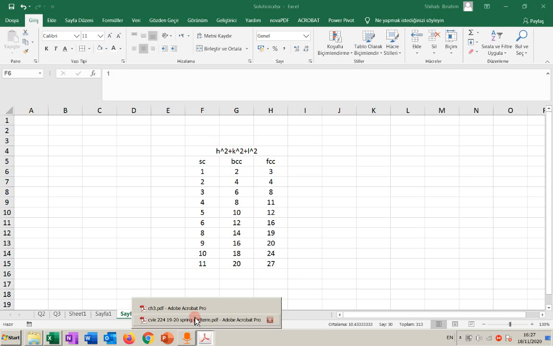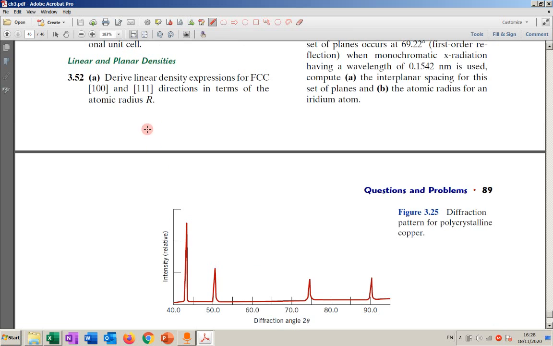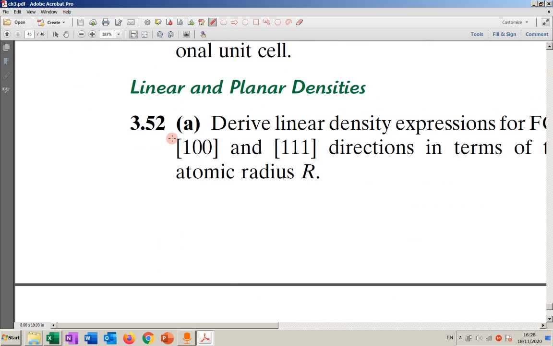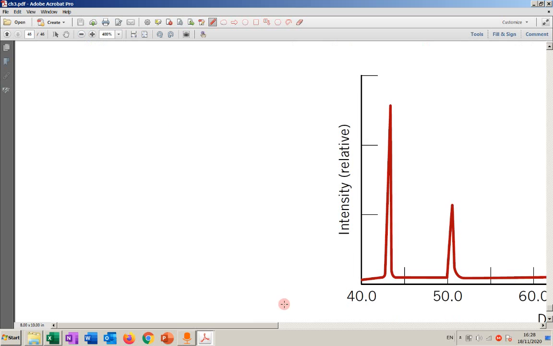Now recalling the equation that we have. Remember in the previous example we solved a case with 3.66, where we had a crystal structure and found some information.